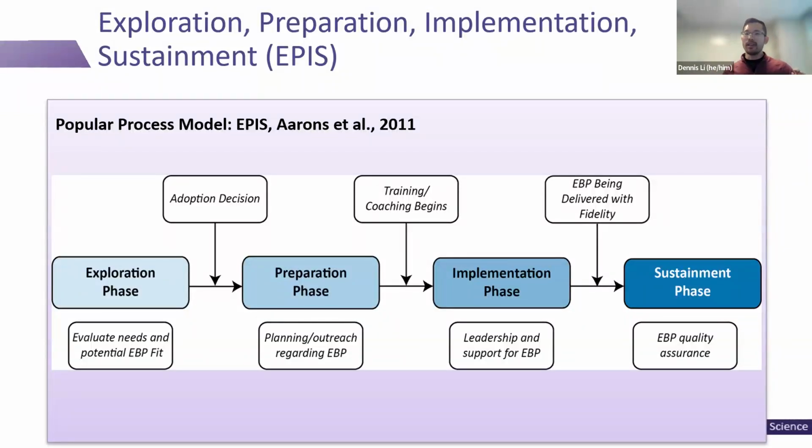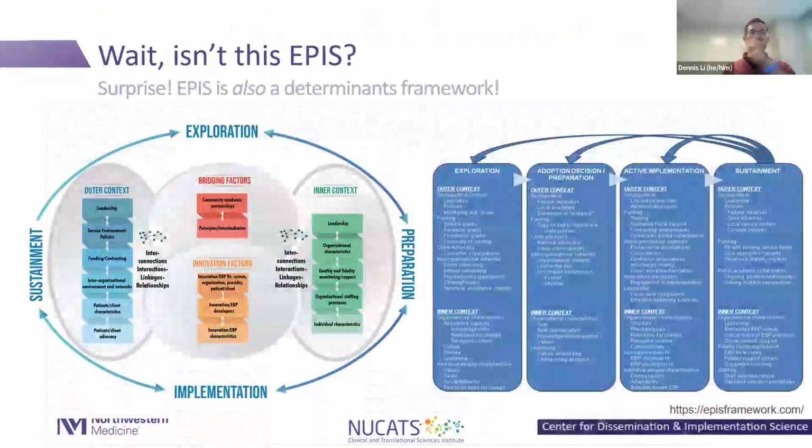Now you might be thinking, wait, what was that? Because these are the figures that were in the paper. So surprise, EPIS is also a determinants framework. It's actually hybrid determinants and process. And what you probably saw from the reading is that there's a lot of overlap with CFIR.